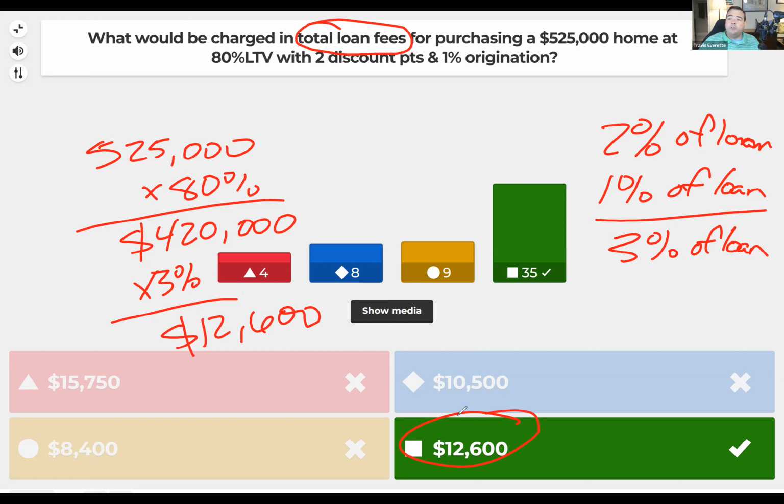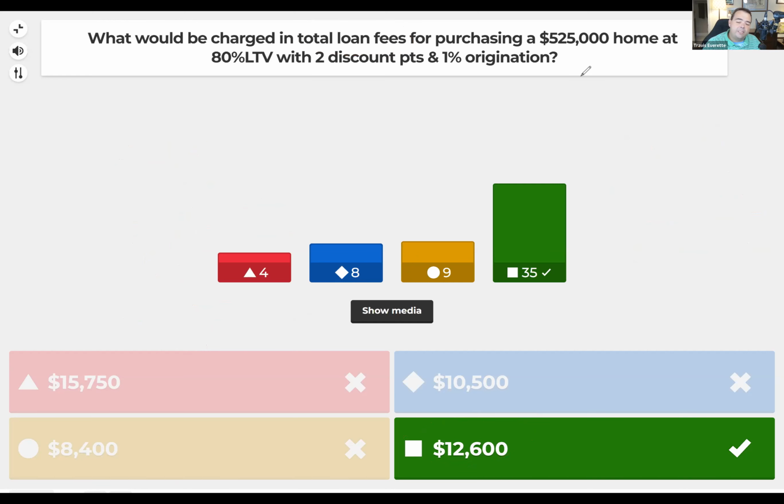So if you got it wrong, I am assuming you did one of those 2 mistakes, because those are the 2 common ones with a question like that. I'd be careful, and that just takes practice of recognizing we're doing loans. Purchase price doesn't matter. The loan matters. Only the loan. Okay. All right, one more.